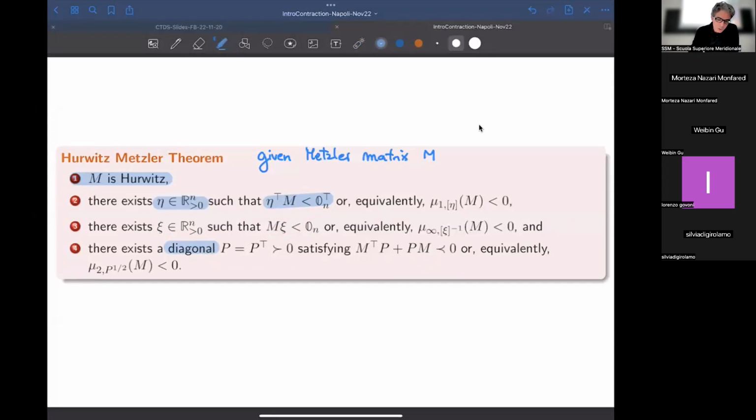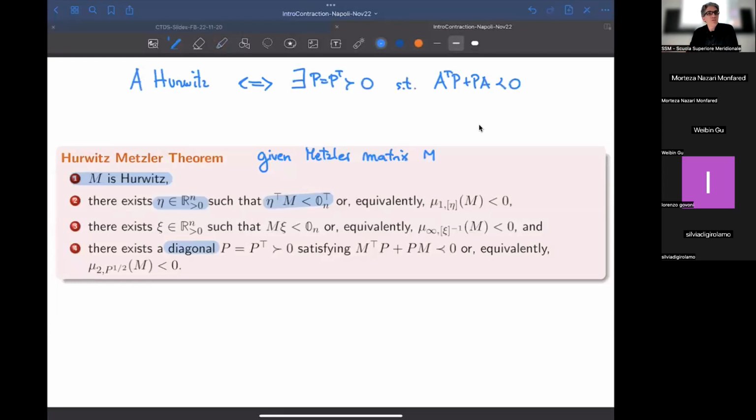So you may recall, let me remind you of the story, that an arbitrary matrix A is Hurwitz if and only if there exists a positive definite matrix P satisfying the Lyapunov stability LMI such that A transpose P plus PA is negative definite. So this is a standard result in the stability of linear systems.